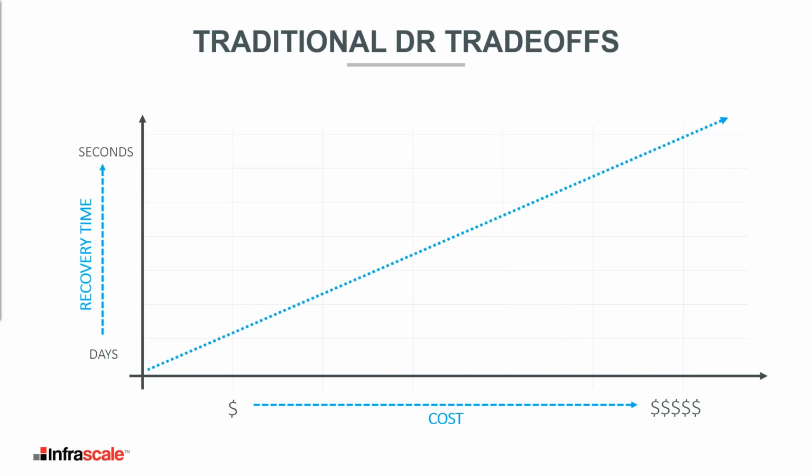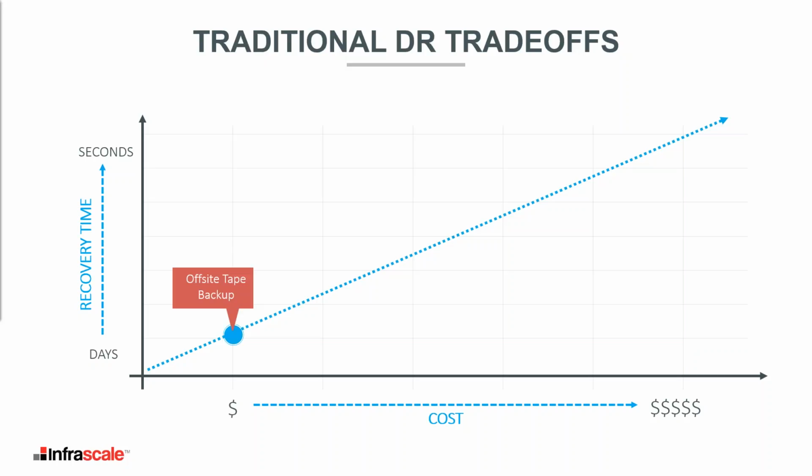All right, then, in addition to those barriers that we just saw, traditional disaster recovery invariably means trade-offs. On one end of the spectrum, you have off-site tape backup. Back in the day, this was the primary way that we were protecting data, but it was unreliable, and it still is.